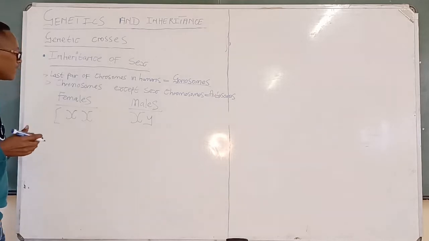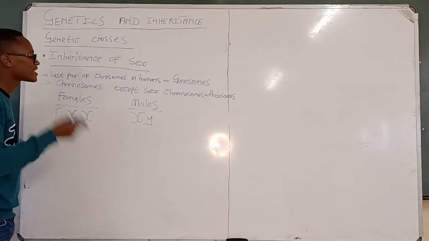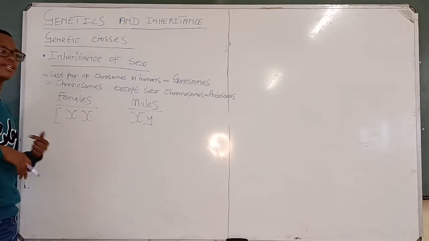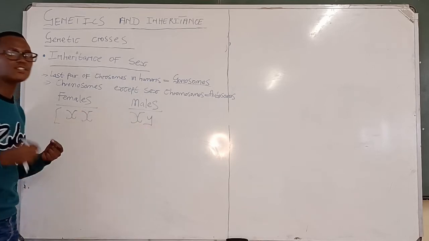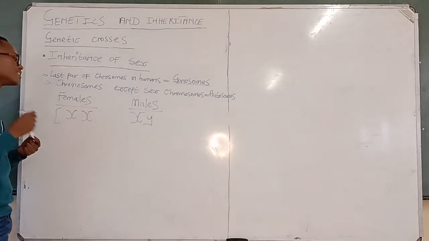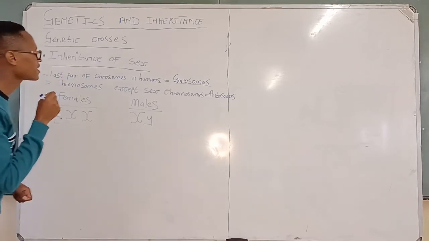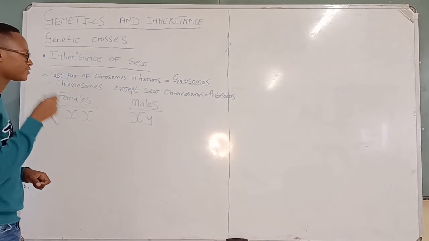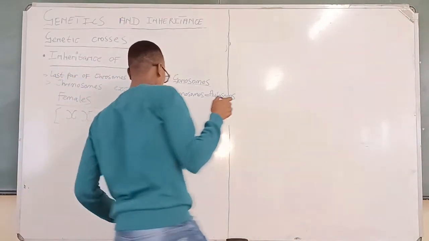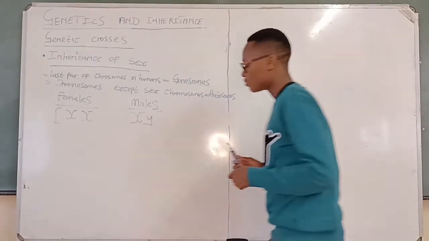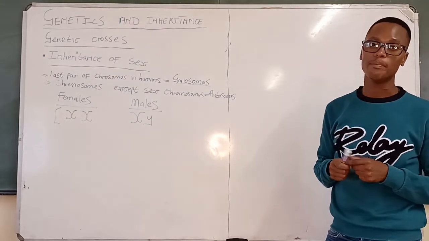These chromosomes are the ones that make a person a female or a male. Why? Because they have different genes. Those genes are specifically designed to identify gender. The Y chromosome is the chromosome responsible for making a person a male.